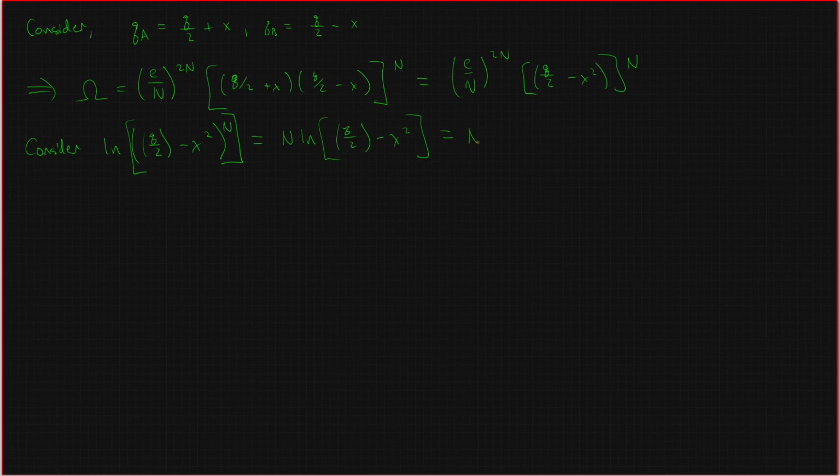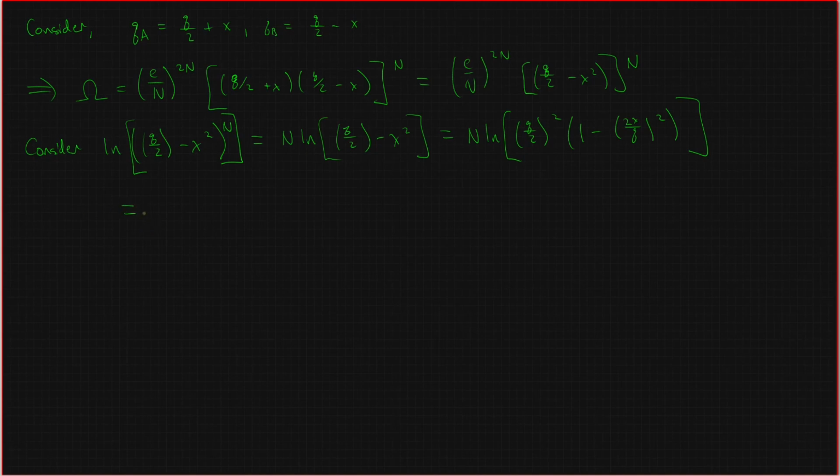So now let's rewrite this. We'll just pull out (q/2)², and we can rewrite this as 1 minus (2x/q)². So we're just rewriting this interior right here in terms of that.